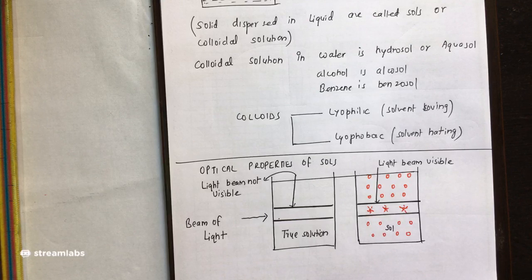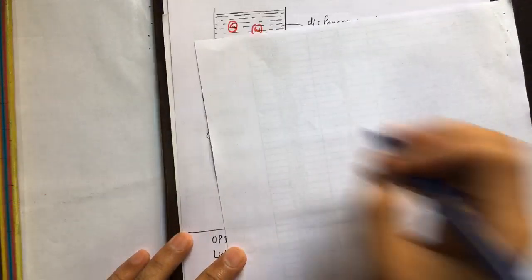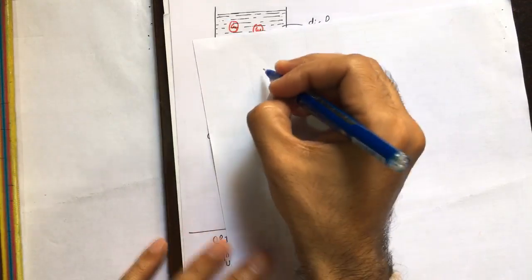And if you talk about the electrical properties of the sol particles, they carry an electrical charge. How they carry an electrical charge is what I am showing you in this diagram.